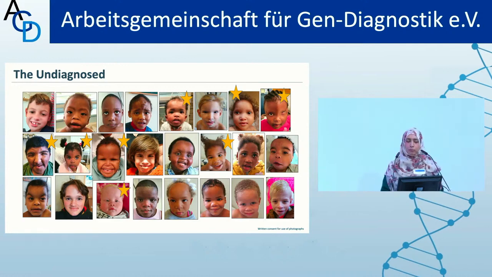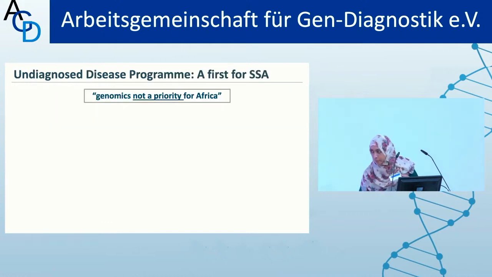And so the obvious thing was to establish an undiagnosed disease program in South Africa and try and get them tested and get them diagnosed. You do something for the first time anyway, it's hard. You do something for the first time in sub-Saharan Africa, it's harder.